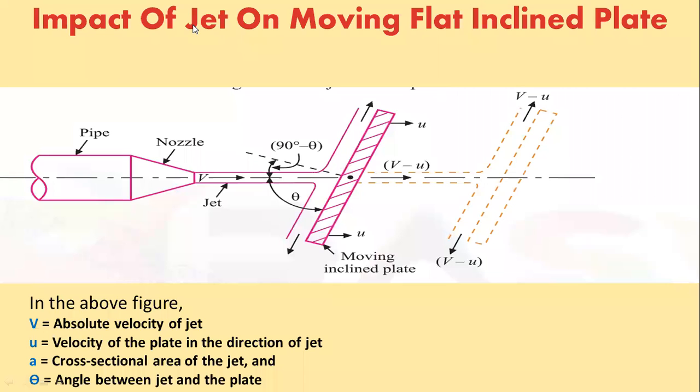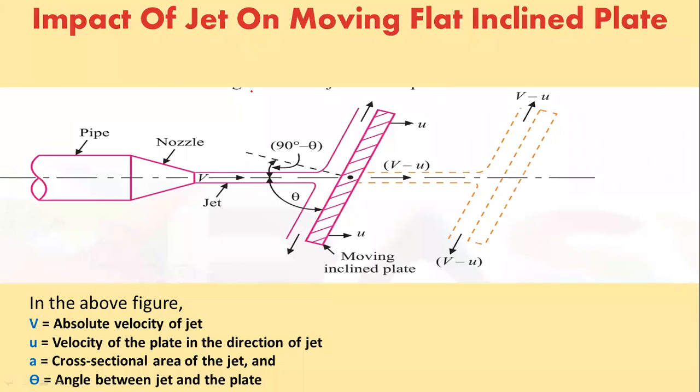Okay, so good afternoon, one and all. We are in our fourth unit, that is impact of jets on different types of plates which are mounted on a turbine. On any turbine, a particular type of turbine will have plates attached to it.